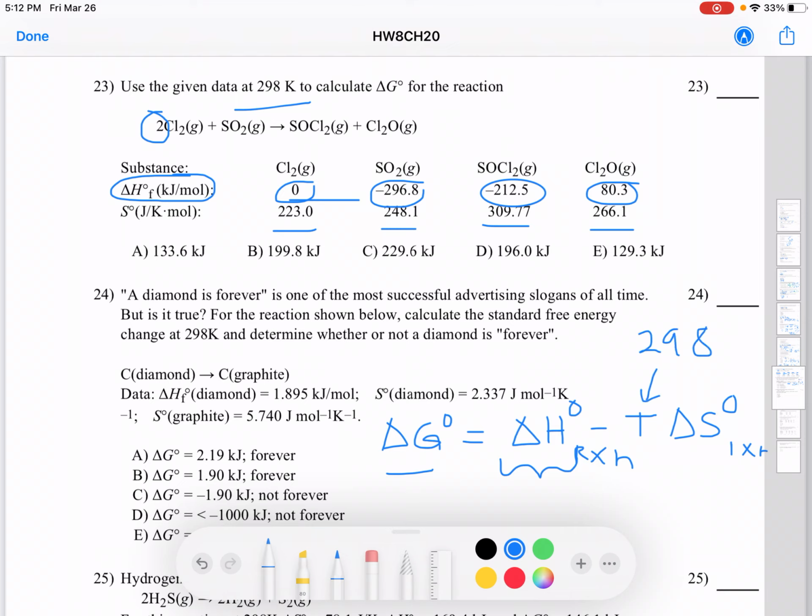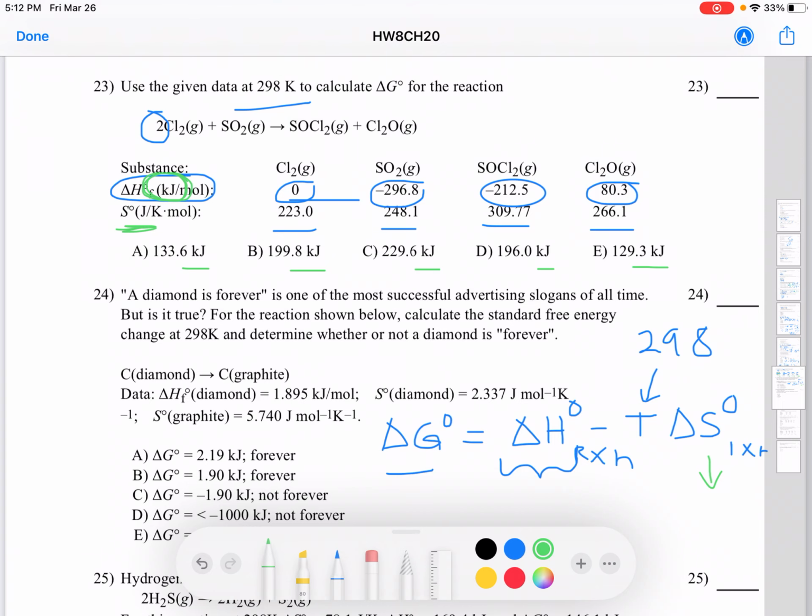Okay. Delta H naught values are given in kilojoules. Do you see here? It's kilojoule. When you calculate, your delta S will come in joules per Kelvin. So once you get your delta S naught in joules per Kelvin, you have to convert it to kilojoules because your answer is given in kilojoule.